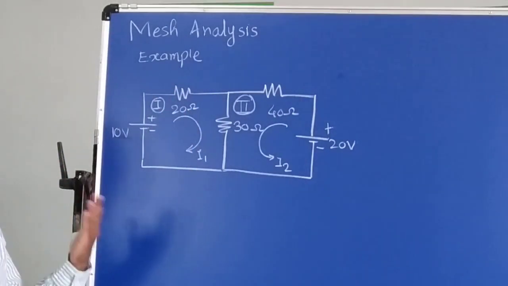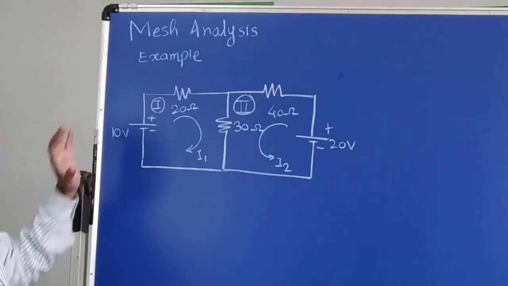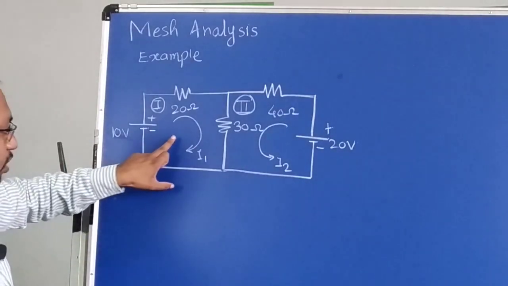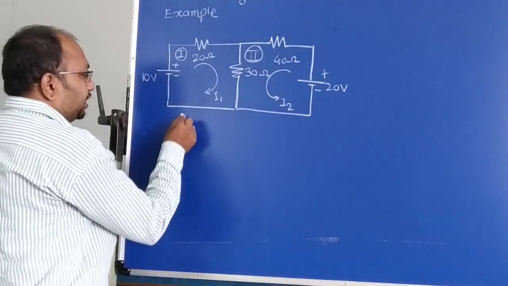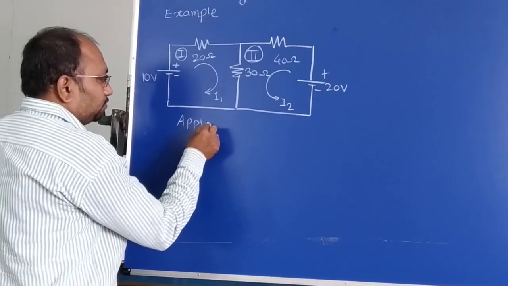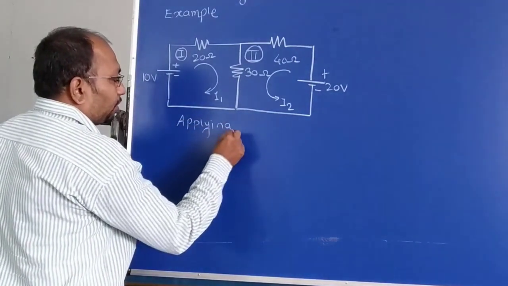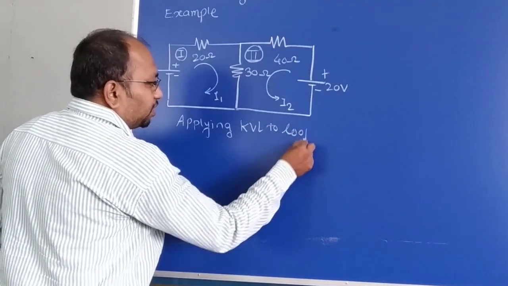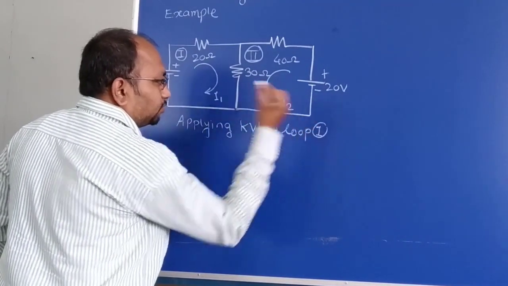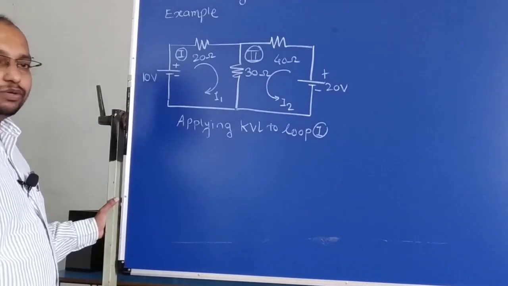Okay. Now, as we studied how to apply mesh analysis, let us apply KVL to loop number 1.